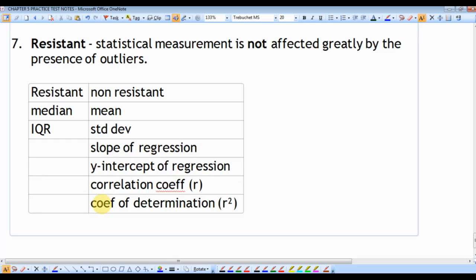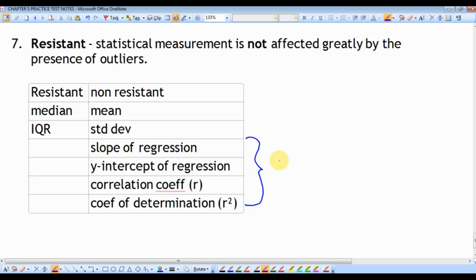That means the median is going to move to the next lowest number, but it's not going to change drastically. It's just going to move to the next one. Basically, anything that has to do with the regression line is not resistant. Regression lines are not resistant.